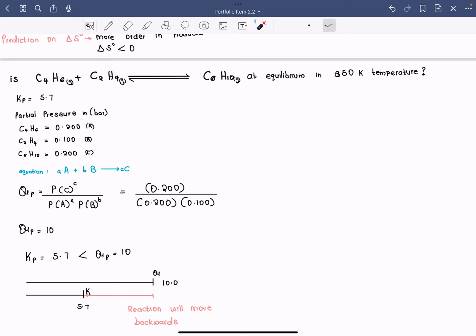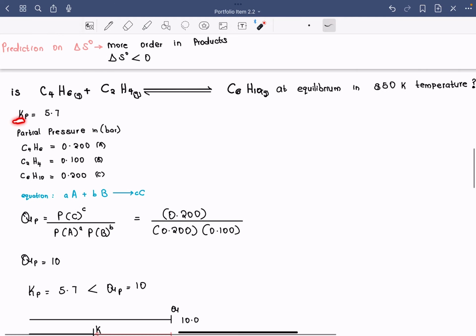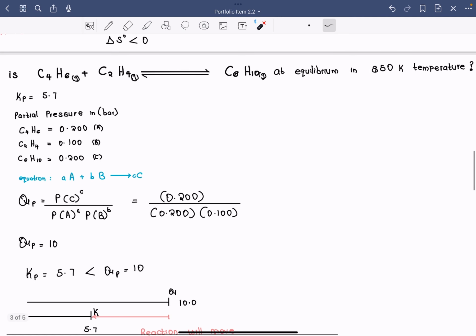And we are given the K. The equilibrium constant is 5.6, and we are given the partial pressures of C4H6, C2H4, and C6H10.